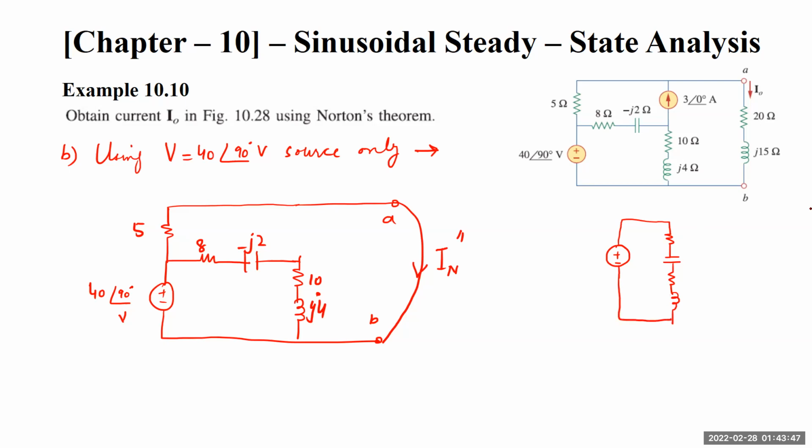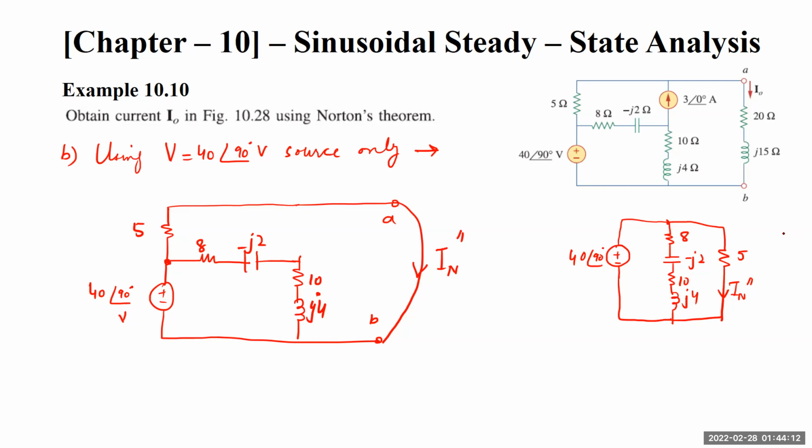This is one part, and from this point to this point, this is only 5, and this is IN double dash. This is 5, this is 8, this is 10, this is minus j2, this is j4, this is 40 angle of 90 degrees.